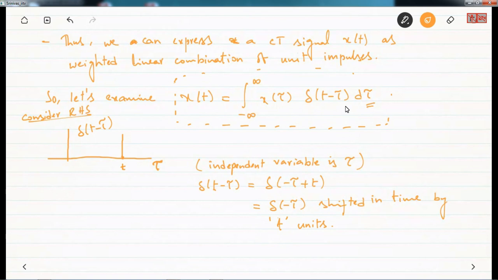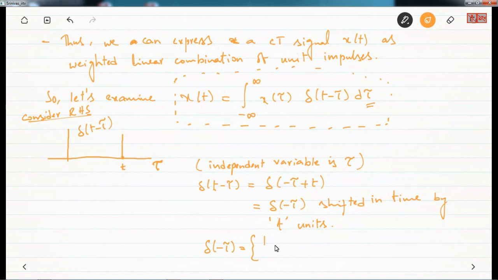In the right hand side, the variable is tau, so we are considering tau as the independent variable. When I consider tau as the variable, I should draw a diagram with the x-axis labeled as tau. Then delta of t minus tau is delta of minus tau plus t. That means this is delta of minus tau shifted in time by t units. So what is delta of minus tau?